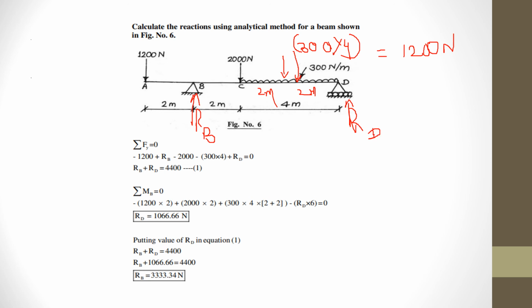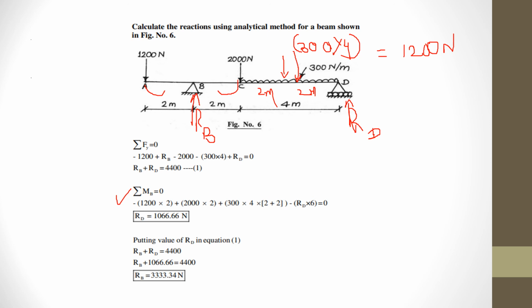Now first take summation MB equals to 0. For summation MB equals to 0, then take this minus 1200 into 2 as it is anti-clockwise, then plus 2000 into 2. 2 is the distance up to point B.